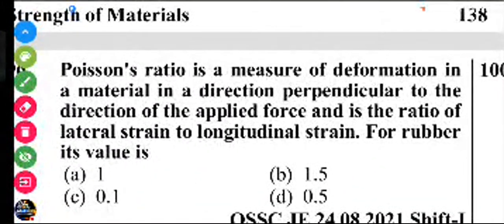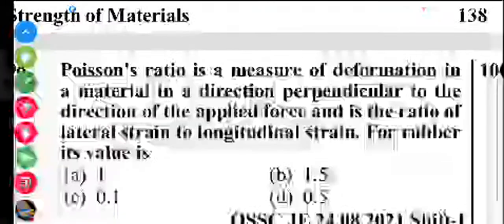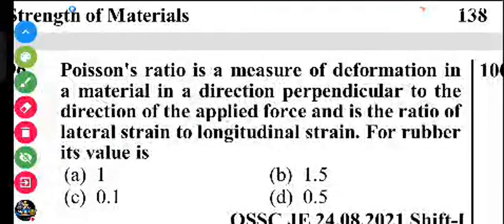Next question. Poisson's ratio is the measure of deformation in a material in a direction perpendicular to the direction of the applied force, and is the ratio of lateral strain to longitudinal strain. For rubber, its value mu is 0.5, the maximum.